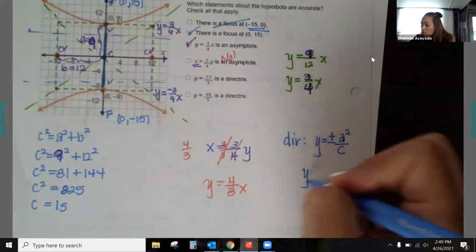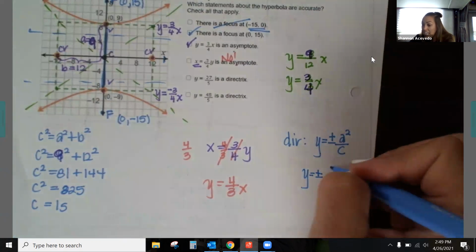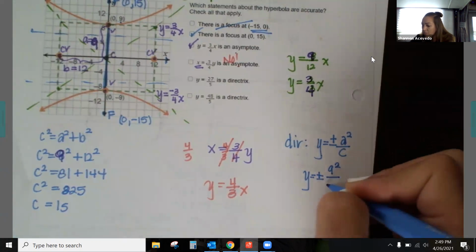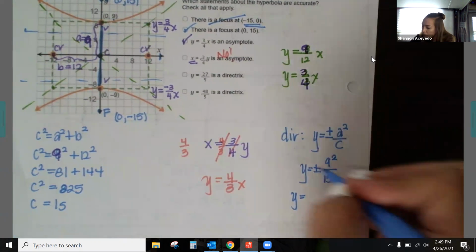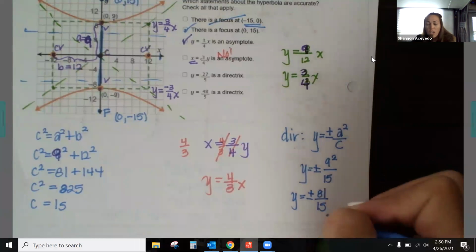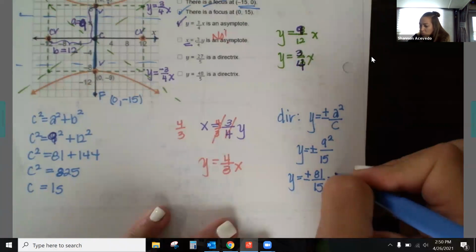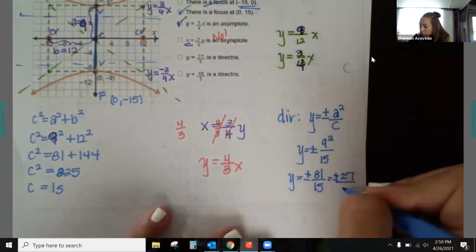So if I fill in my values, it's y equals plus or minus a squared. A, we said, is 9, not 8. A squared all over my c, which is 15. So y is equal to plus or minus 81 over 15. 3 goes into both of those. So I could simplify that: 3 goes into 81 27 times, and 3 goes into 15 5 times.